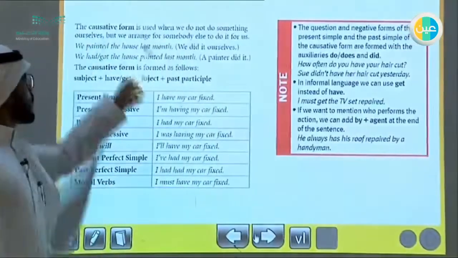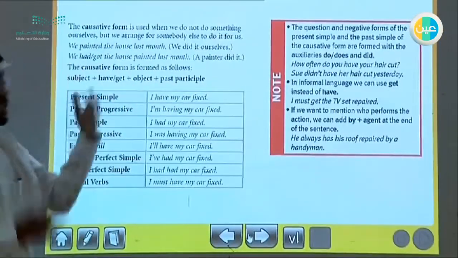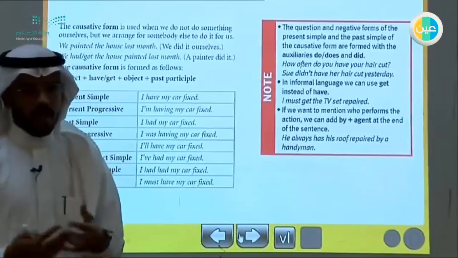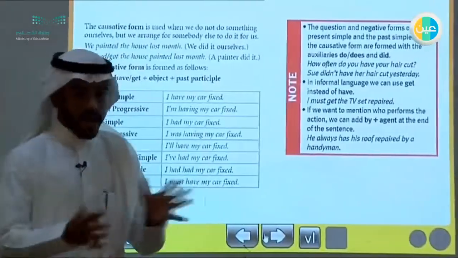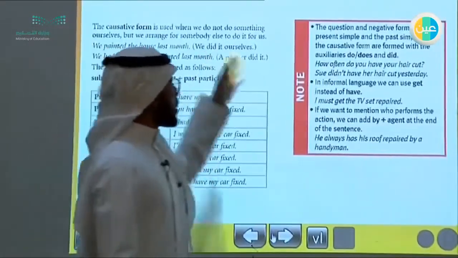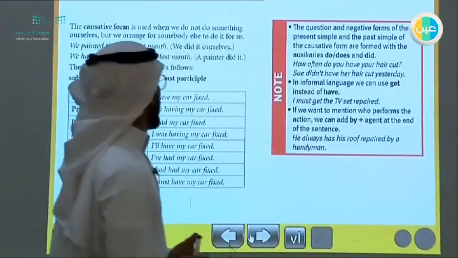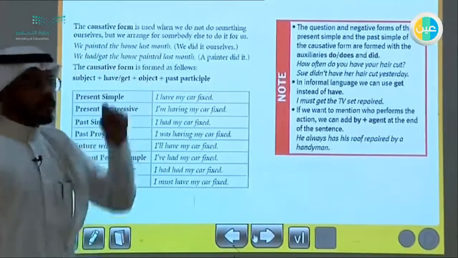So the causative form is used when we don't do something ourselves, but we arrange for somebody else to do it for us. For example, we painted the house last month.